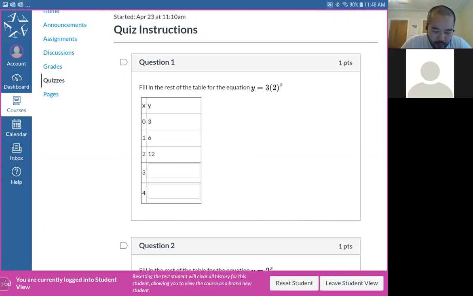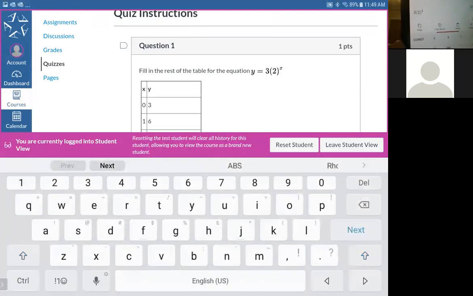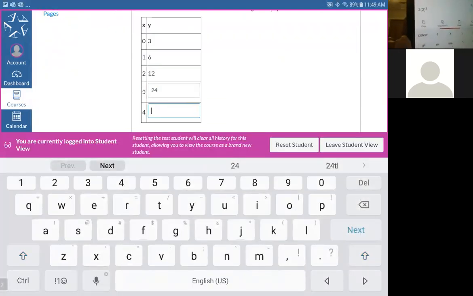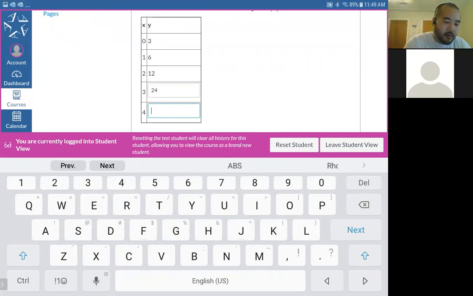So y equals, here's the function: 3 times 2 to the, you do the exponent on here. 24 is the answer to that one. So right here, we put 24. Then change this to a 4. The next one is 48.